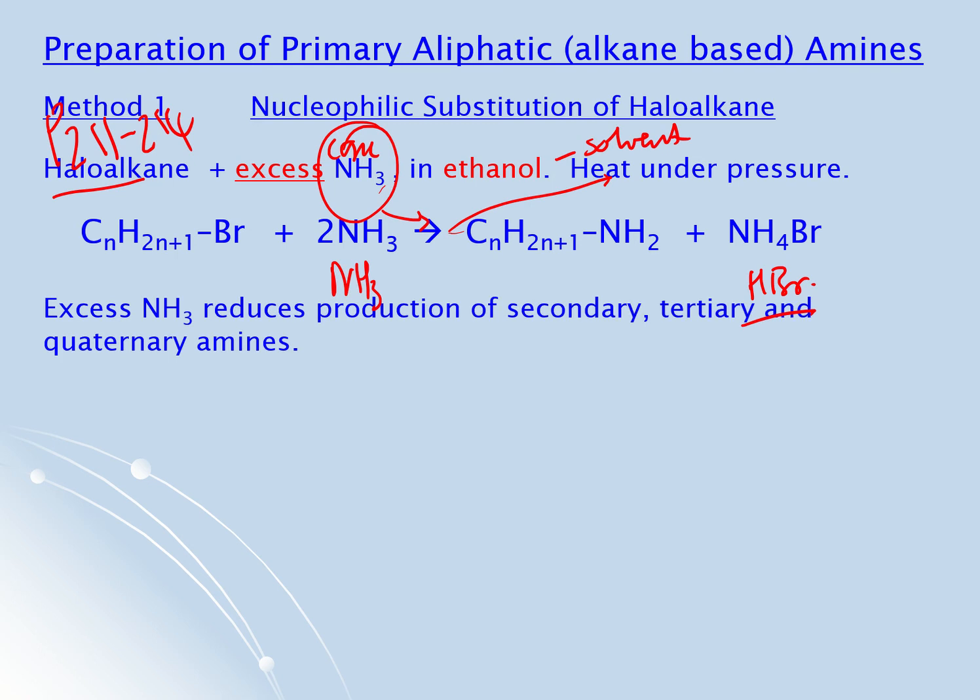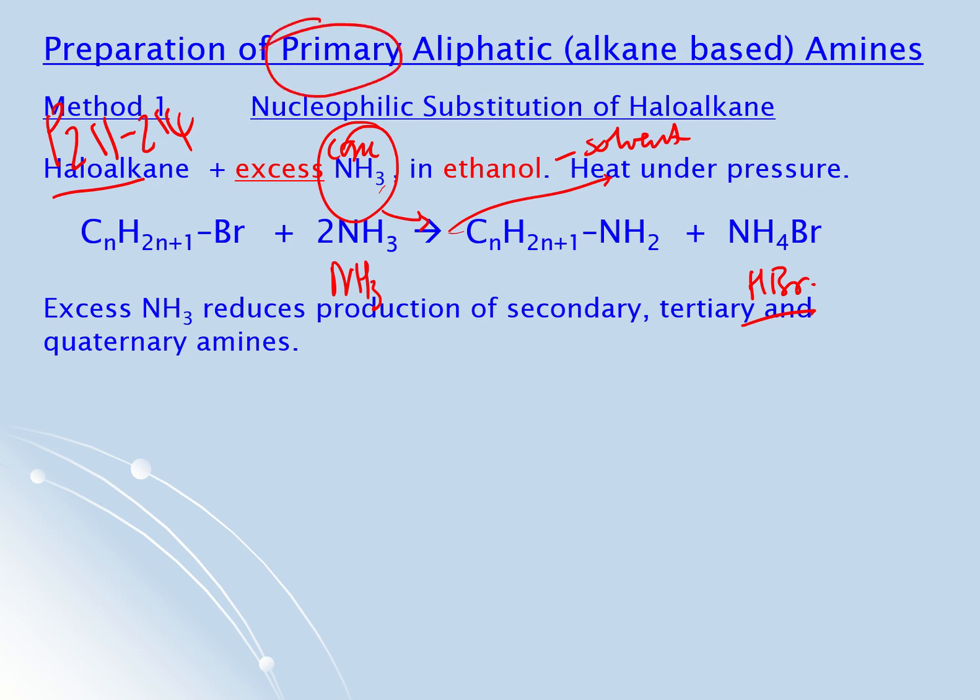The problem with this preparation is it gives you some secondary, some tertiary, and we're not worried about quaternary amines. So it gives you a mixture of amines. Now we use excess ammonia to do our best to minimize the number of secondary, tertiary, and quaternary amines. If you look at the title of the slide here, we're trying to make primary amines.